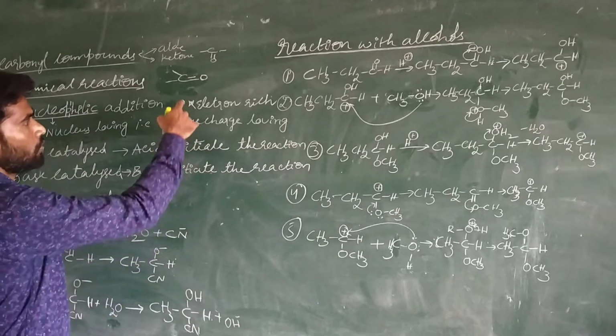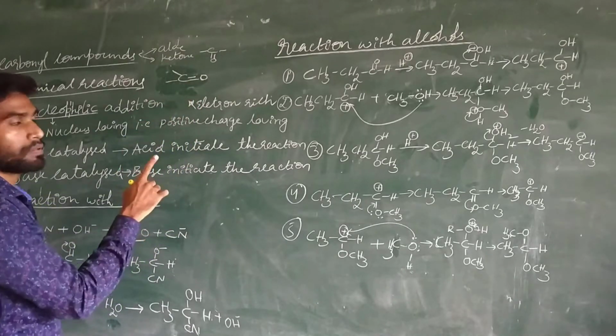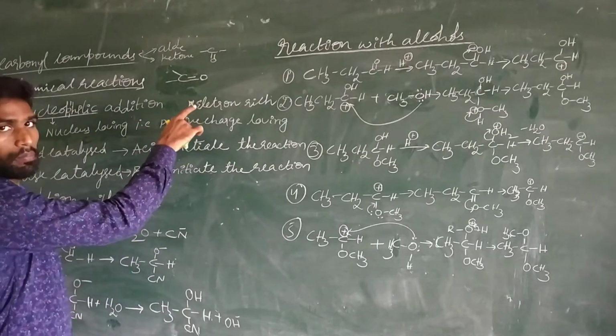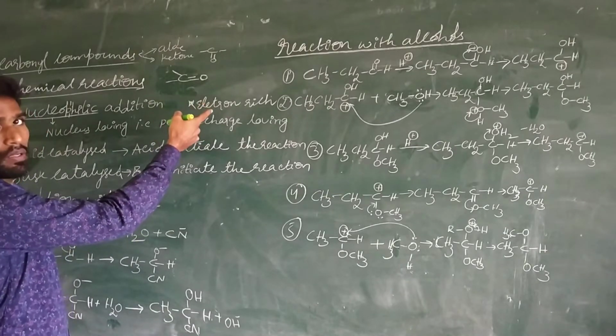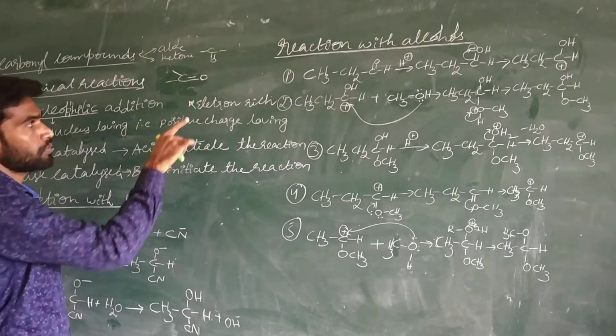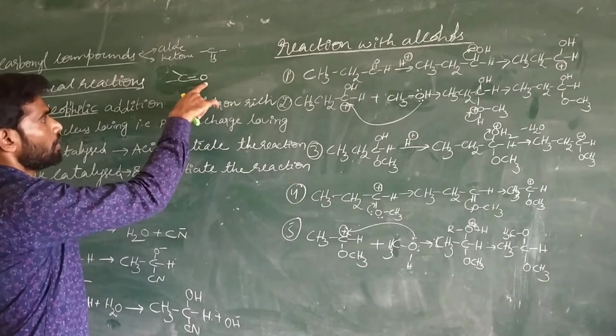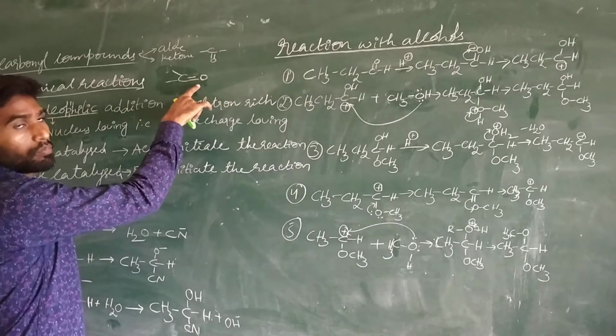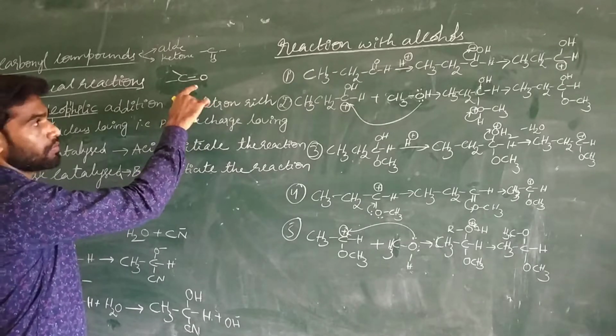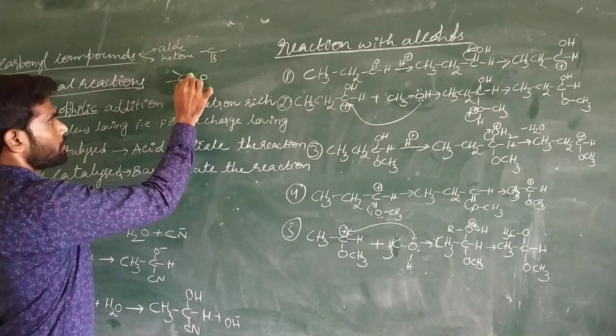You know what electronegativity is? Electronegativity means the tendency of an atom to attract electrons towards itself. So here the oxygen has more tendency to attract electrons. It is a pi electron acceptor.